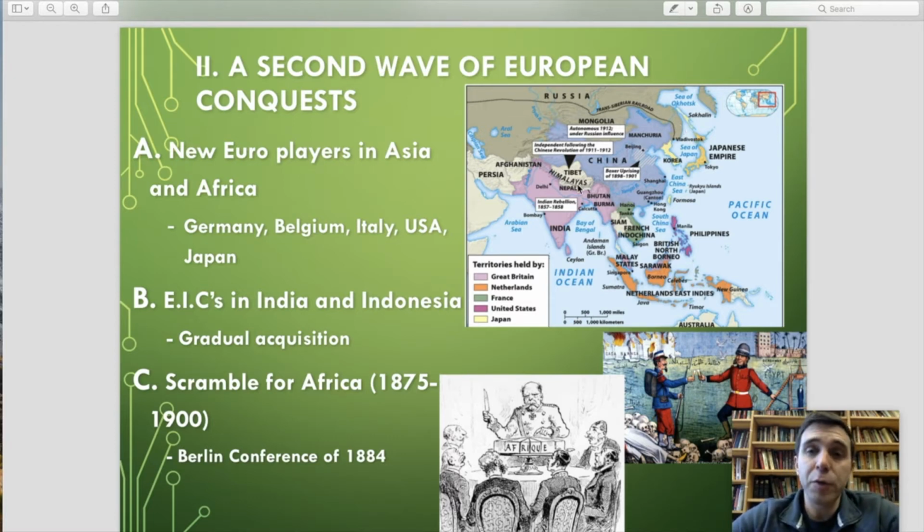We still are also going to see the East India companies, EIC here, which references the British and Dutch East India companies. Those still have significant influence in Southeast Asia. The British are taking over a huge swath of India at this point. Now, remember, up to this point, the Mughal Empire was still around in India.